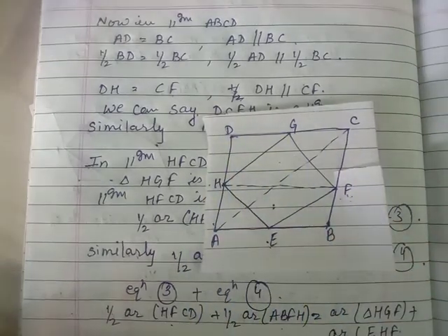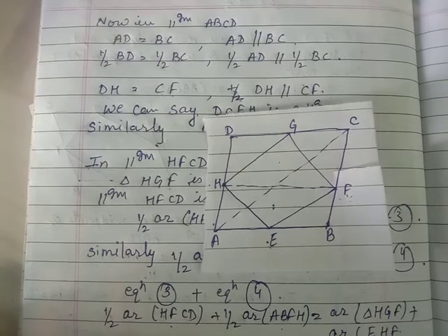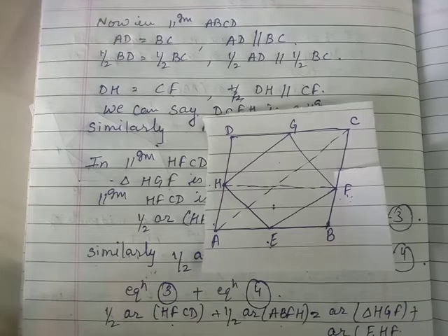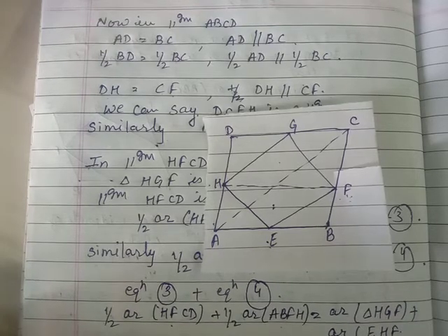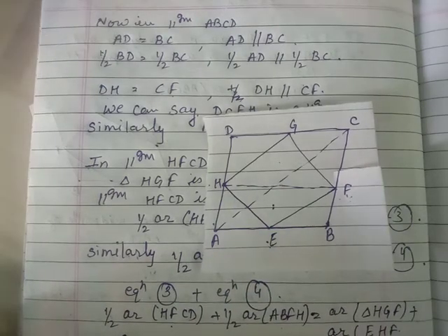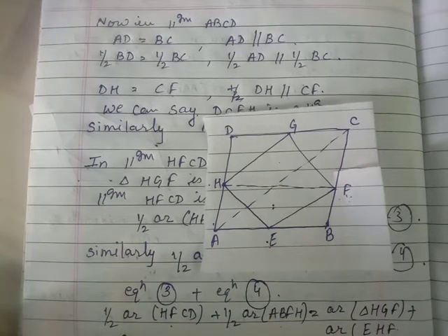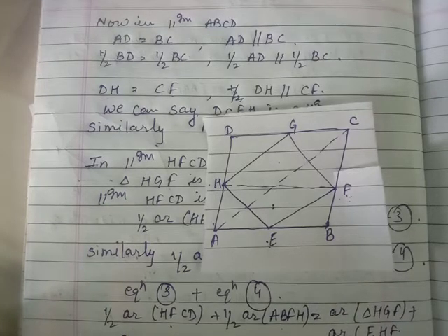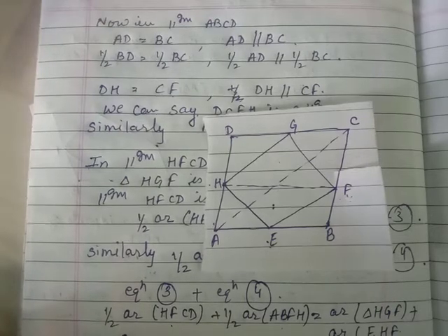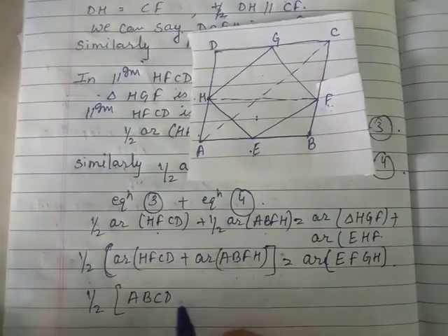Okay, so now half of area of HFCD plus area of ABFH is equal to, this is area of parallelogram EFGH. This is a parallelogram, and the total is ABCD.